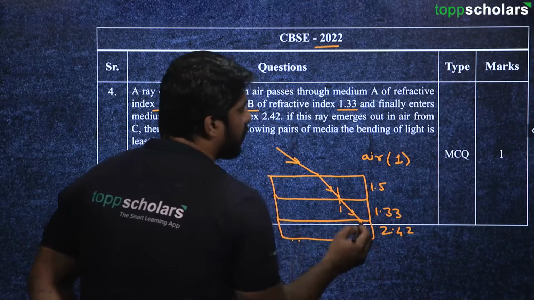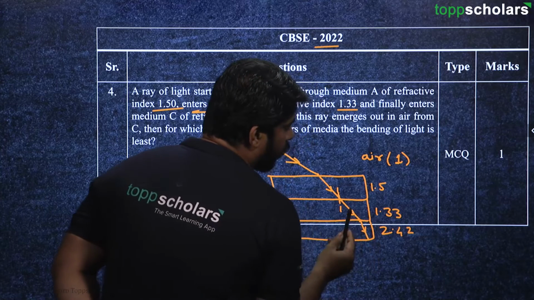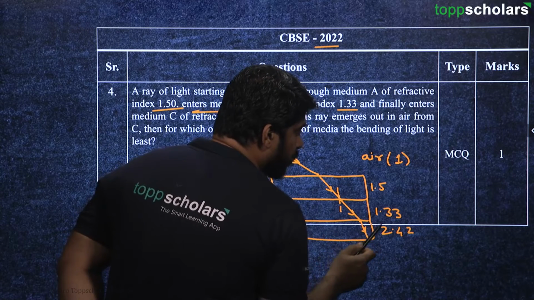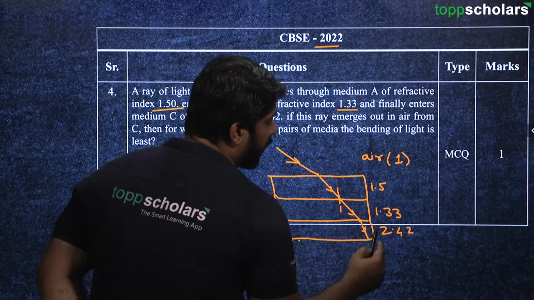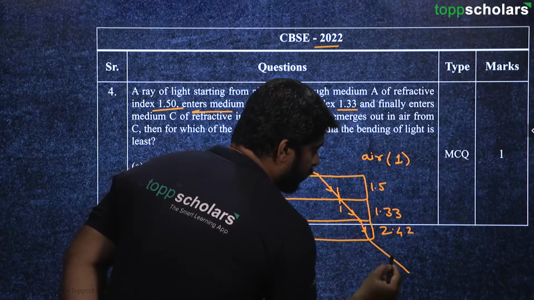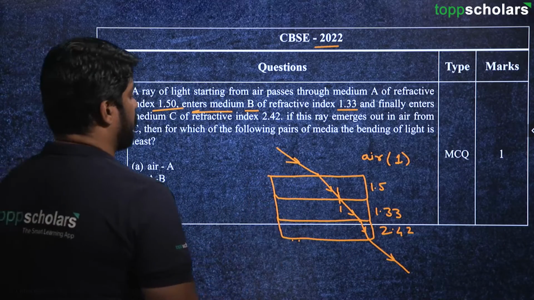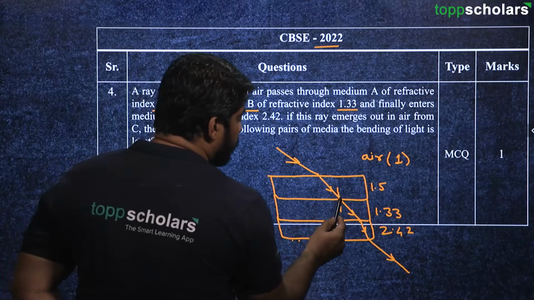And again here the light is traveling from a denser to a very rarer medium like air. So here there will be a large bending, but it will be away from the normal. So the least bending would be taking place over here.